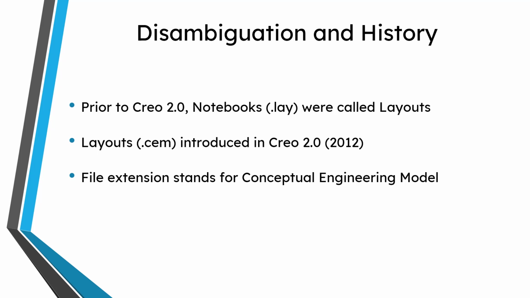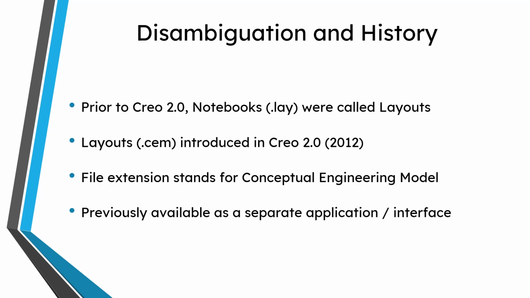The idea is that you can use this layout to lay out your potential design in 2 dimensions and then use it to create your 3D assembly. And Creo Layout used to be available as a separate application and interface, as well as being available within Creo Parametric. That separate application and interface mode for Creo Layout is going away.